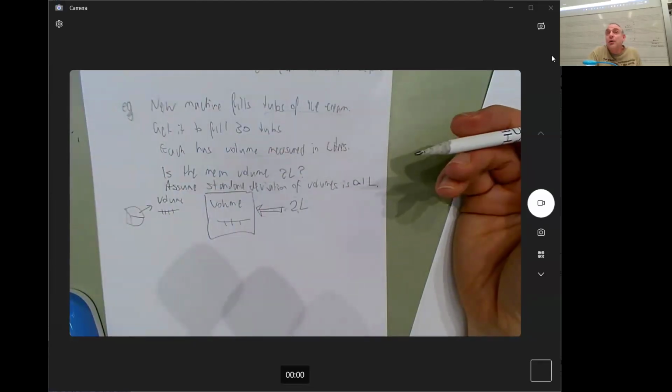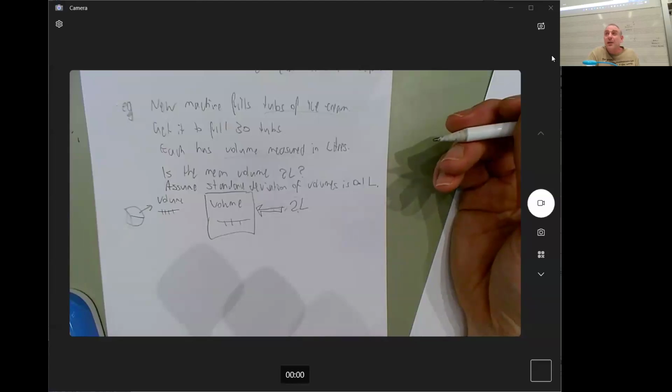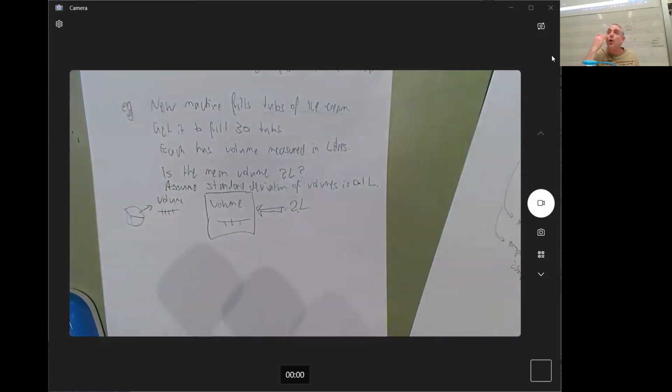They won't always use the word assume. They may use the words population standard deviation. They may just say the standard deviation is known to be. They may use the word known, but it will be clear that it has not been calculated from the data.